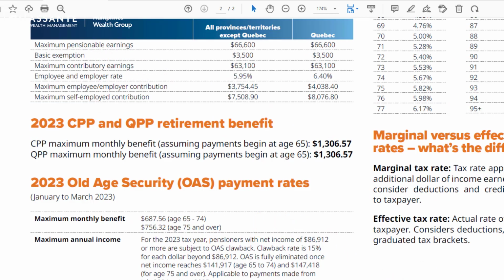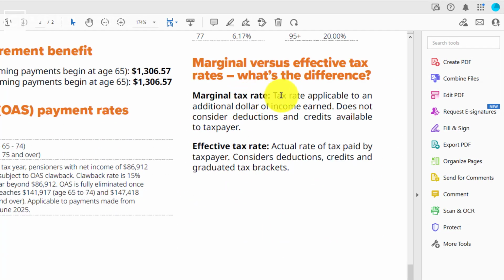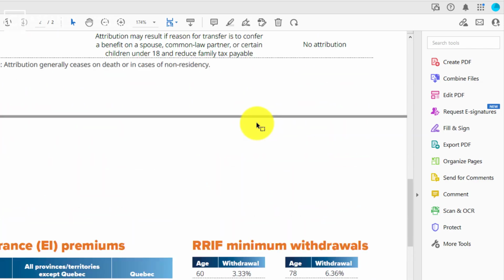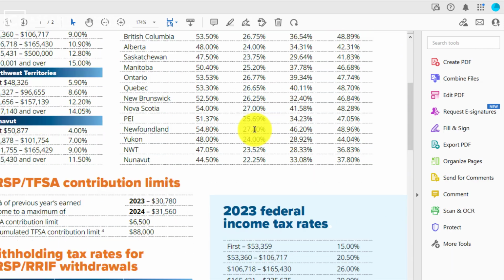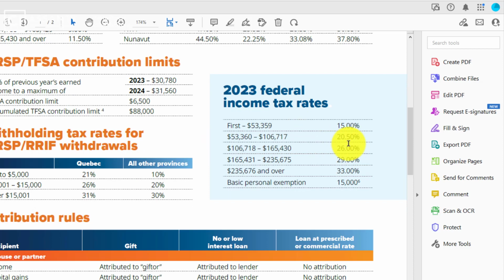What's the difference between effective tax rates and marginal tax rates? Is that a question you have? Well, marginal tax rate is applicable to an additional dollar of earned income. This does not consider deductions and tax credits. So if I go back to this little worksheet and you look at the federal income tax rates, marginal is, well, in the first $53,359, I'll pay 15%.